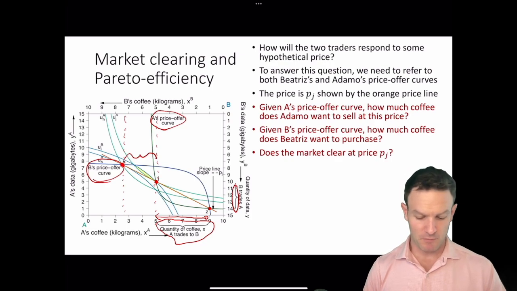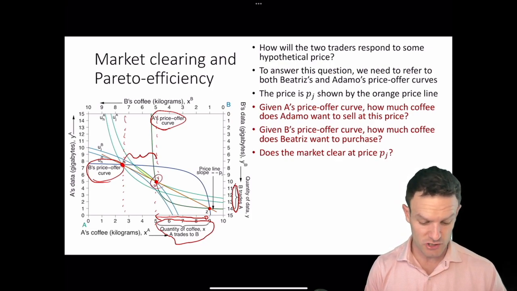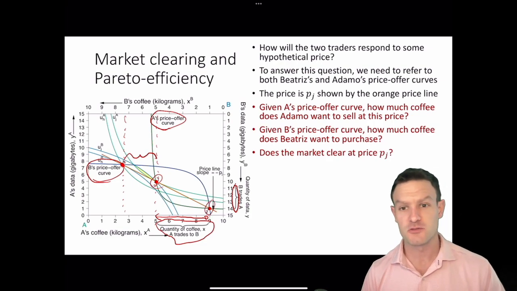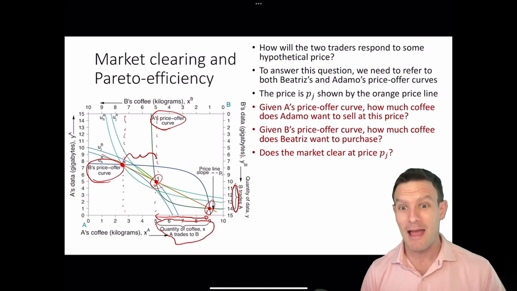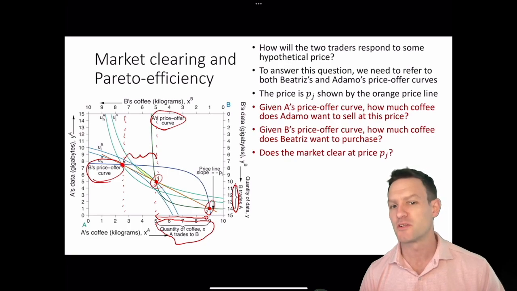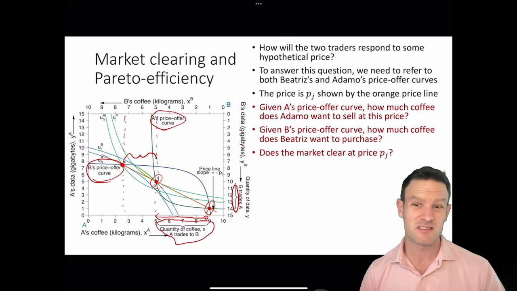So Adamo is willing to sell the difference between J and Z in terms of what he is willing to sell at that price. But the thing is that Beatrice would like to buy more X at that price. So the quantity demanded is greater than the quantity supplied. Okay, so Adamo is only willing to supply a certain amount. Beatrice, in fact, wants more of it.